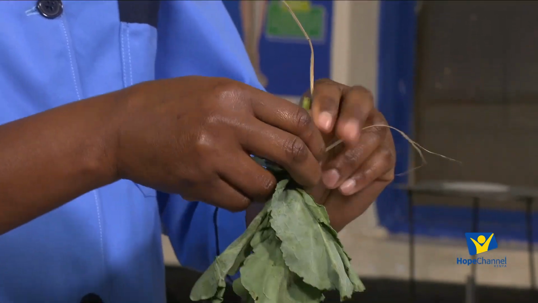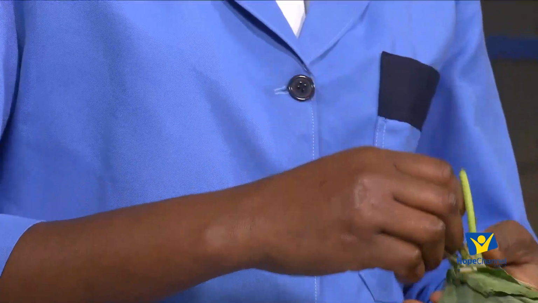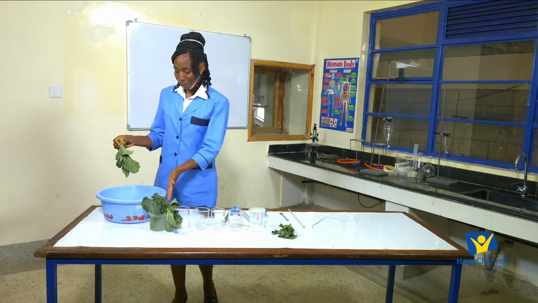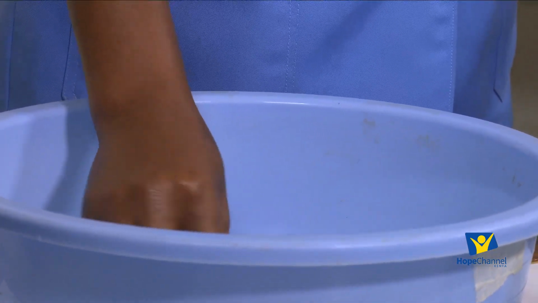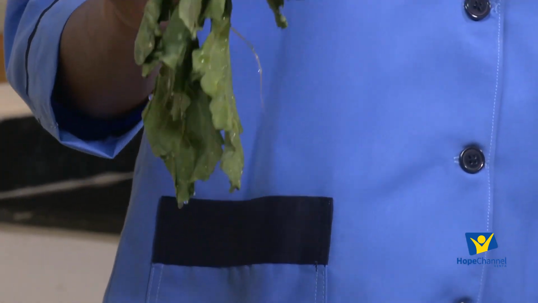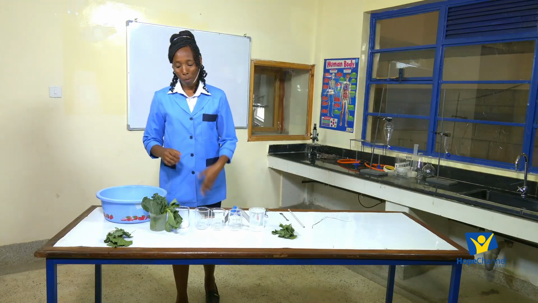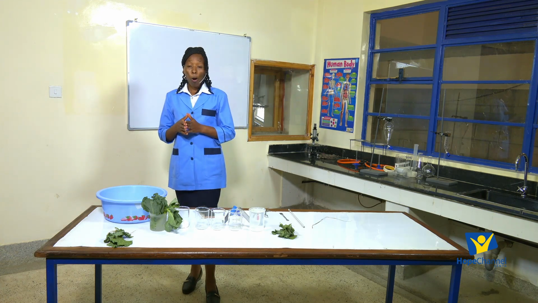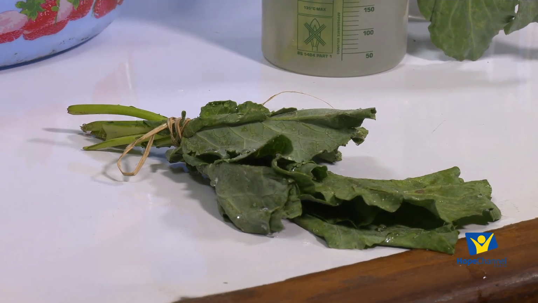Okay, I'm trying to demonstrate what this seller was doing. Then she took the kales, she had a bucket of water, and she placed the kales in water. Then I could see her removing it from the water and placing it aside, probably waiting for the buyer. All this reminded me of osmosis.